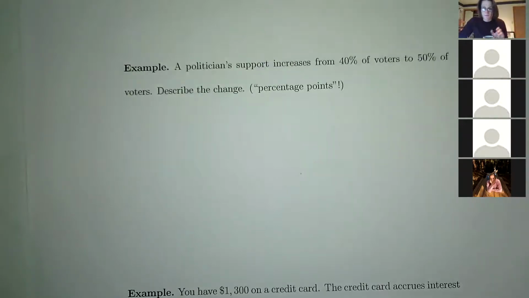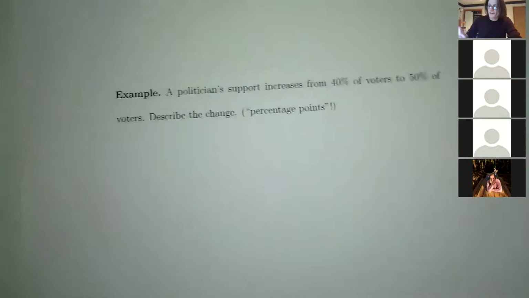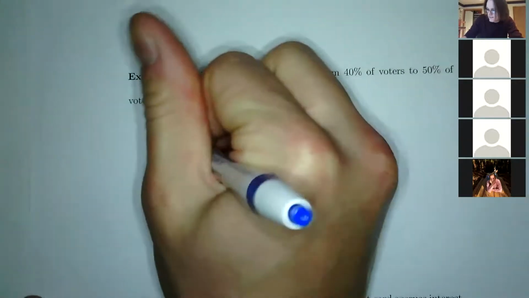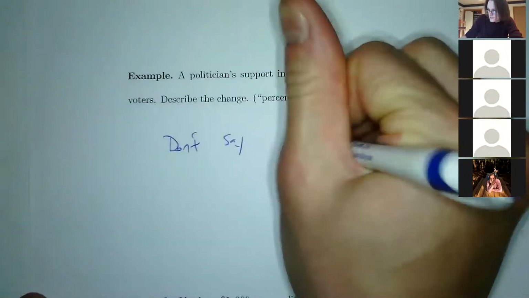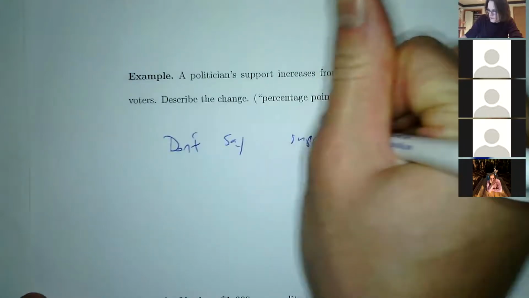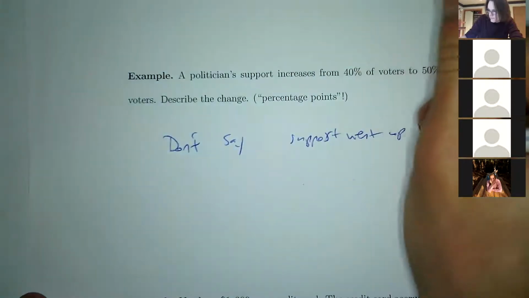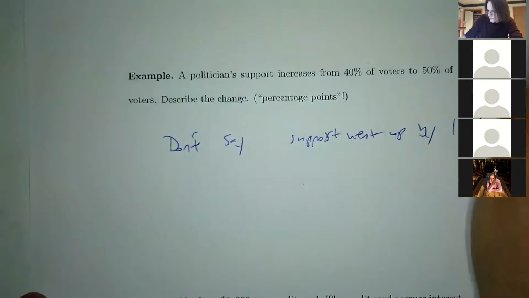It's not a hard problem. But you might be tempted to say his support went up by 10%. You can't really say that. So you don't say support went up by 10%.